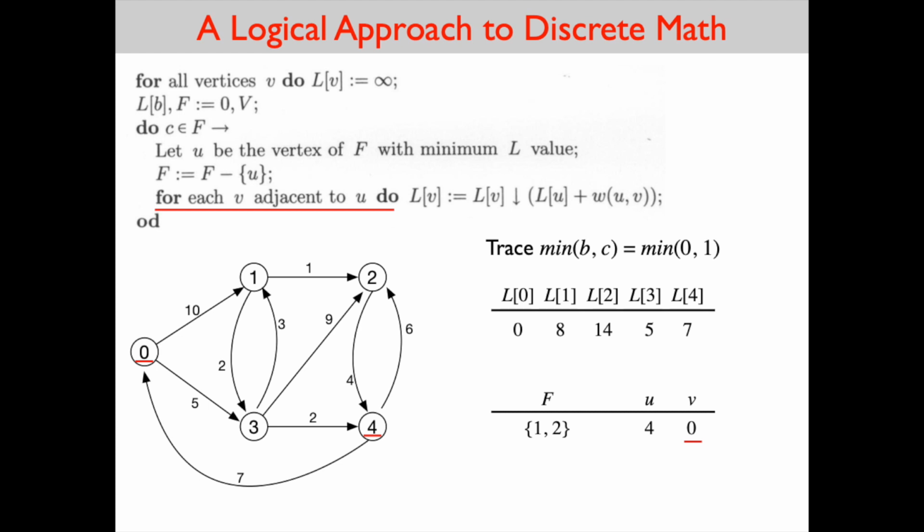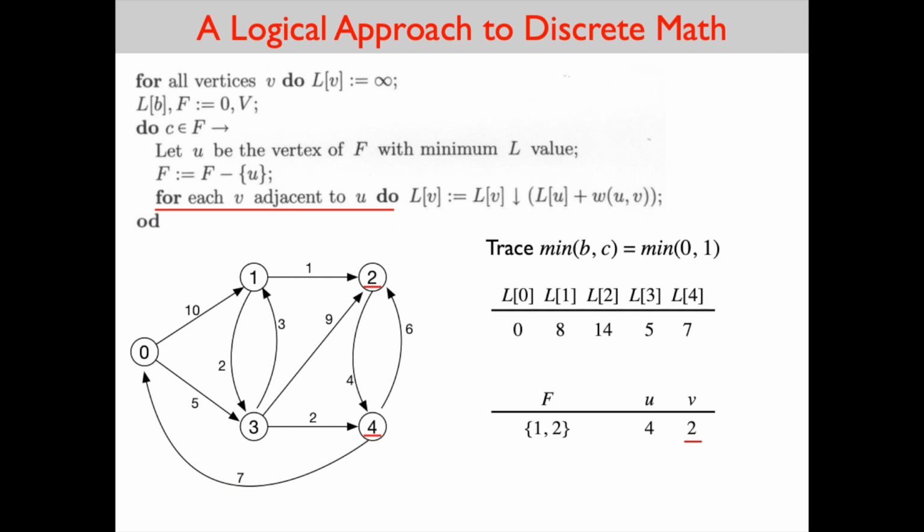The current value of L sub 4, which is 7, plus the cost of the edge from 4 to 0, which is another 7, which is 14. Well, if the current value is 0, 0 is less than 14, so consequently, as shown in this slide, the value of L does not change because the minimum of 0 and 14 is just 0.